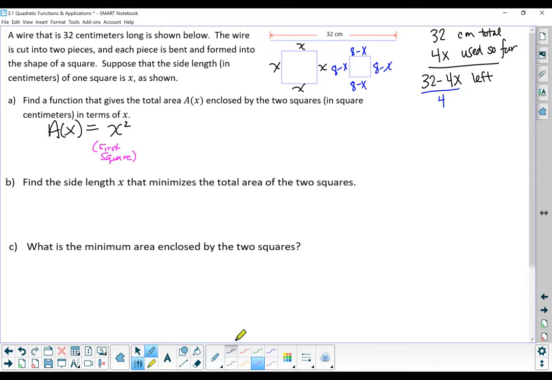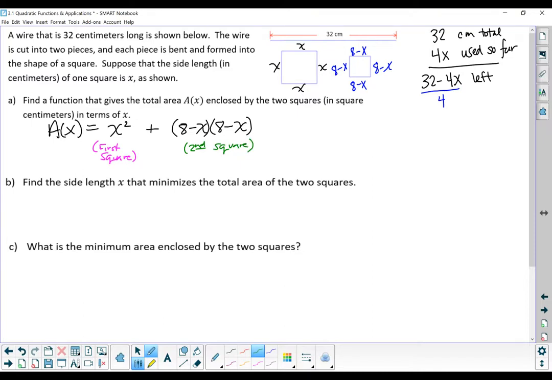And the area of the second square, well, it has a side length of 8 minus x, and that's going to be times another 8 minus x, length times width. So in my diagram, that's the area of the second square.